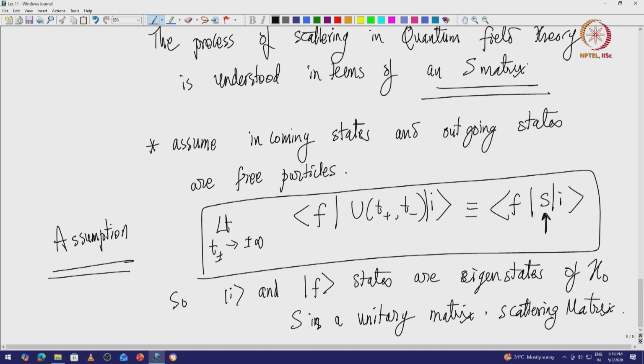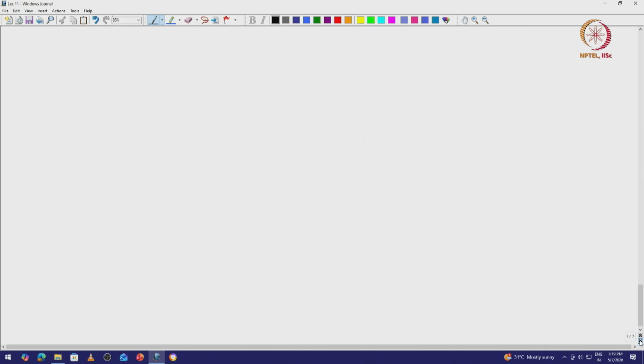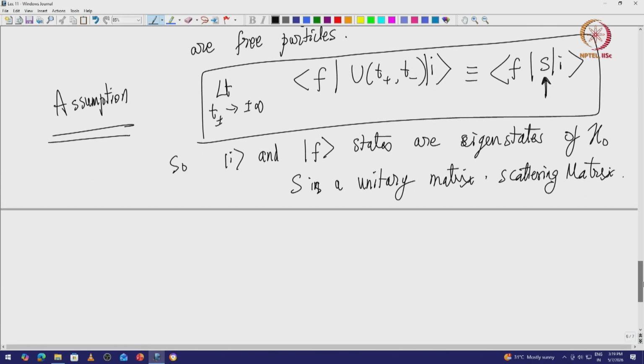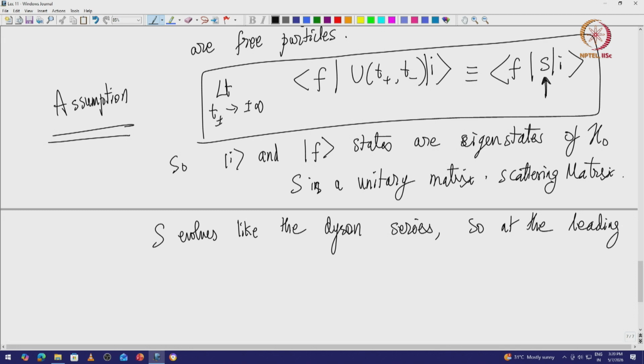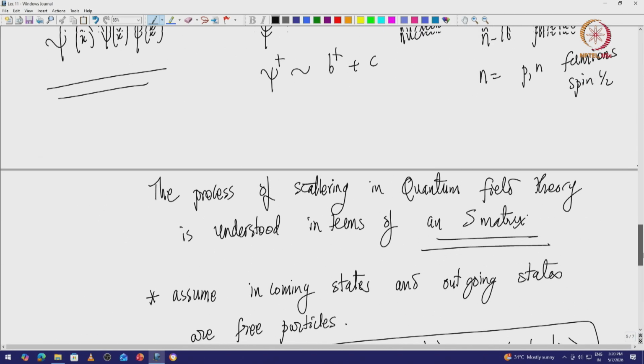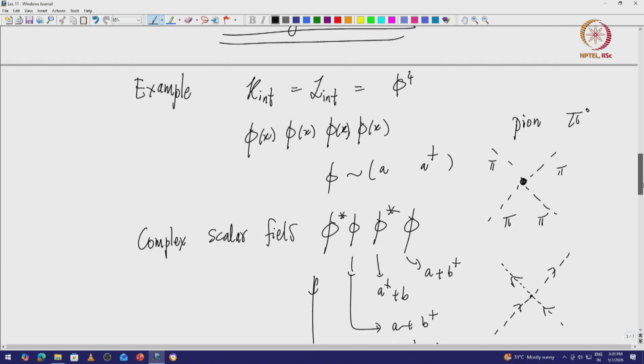Okay. I hope you all get it. So, S evolves like the Dyson series. At the leading order in the coupling constant, this could be whatever coupling constant, say for example you can take y here or lambda.